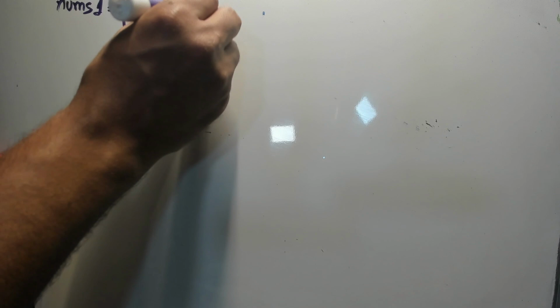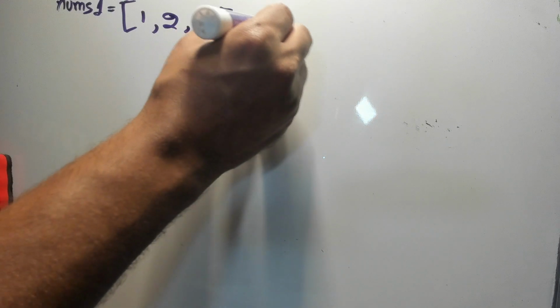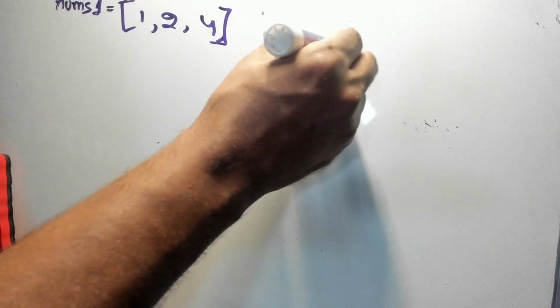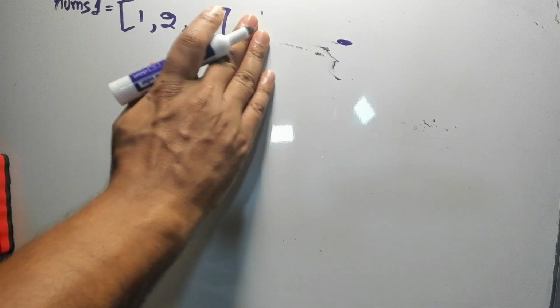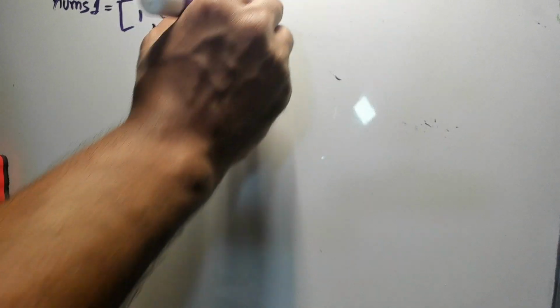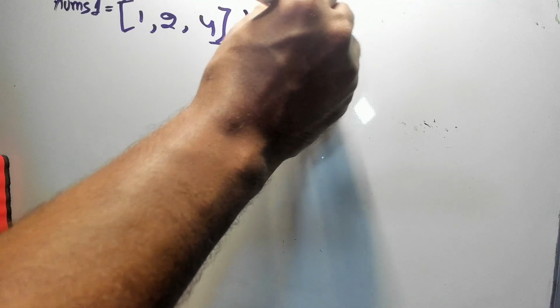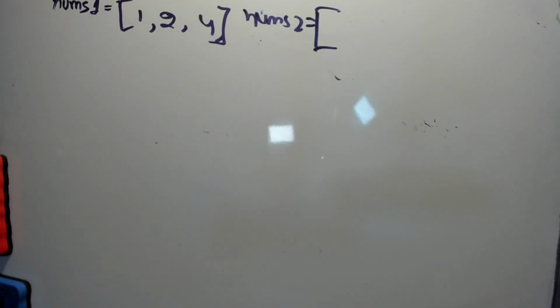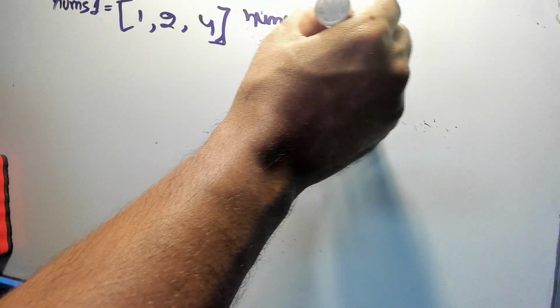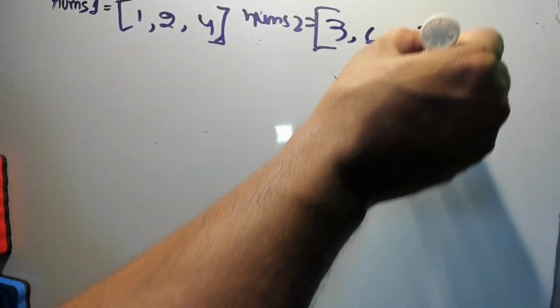Okay, here consider an example where nums1 equals 1, 2, 4, and nums2 equals 3, 6, 7.